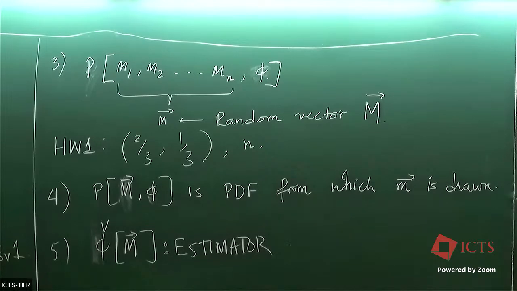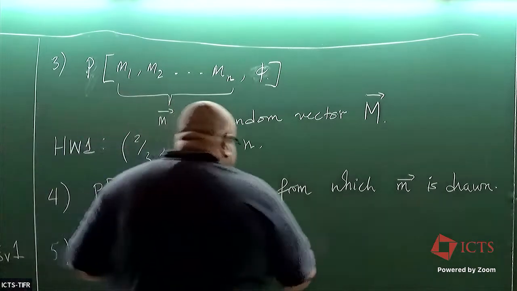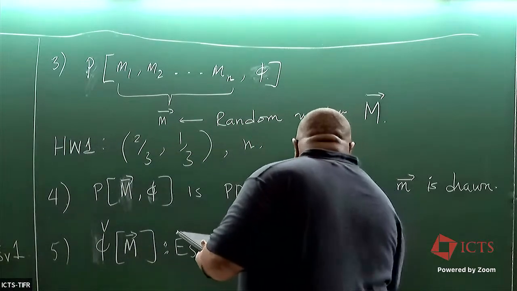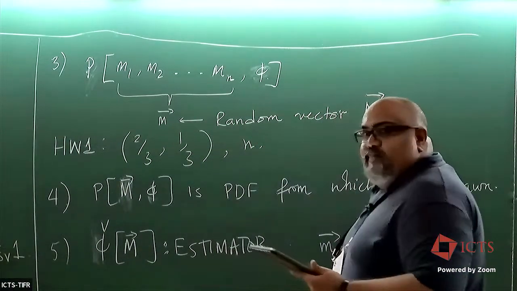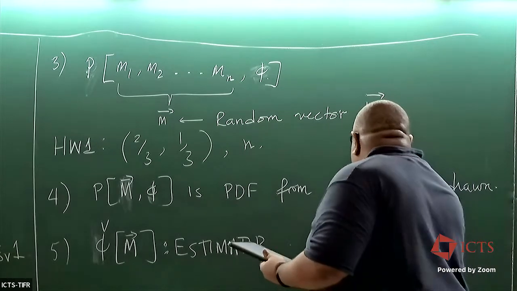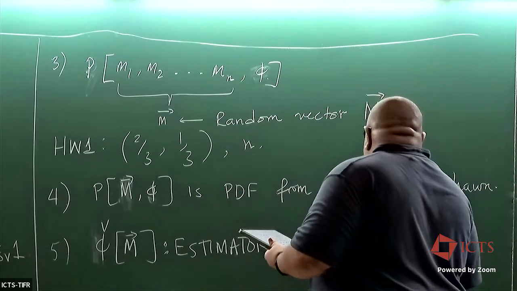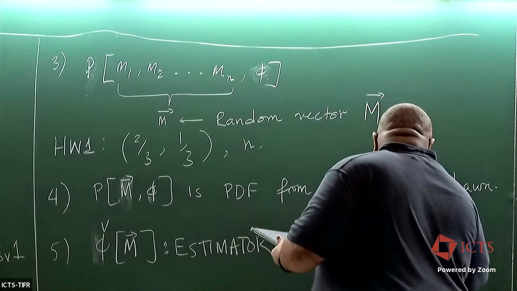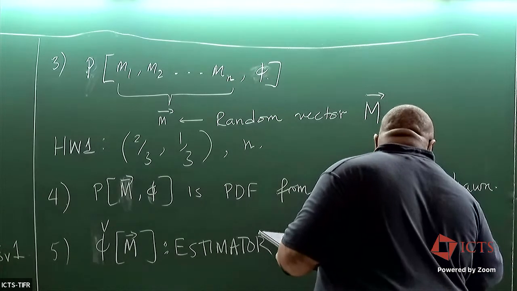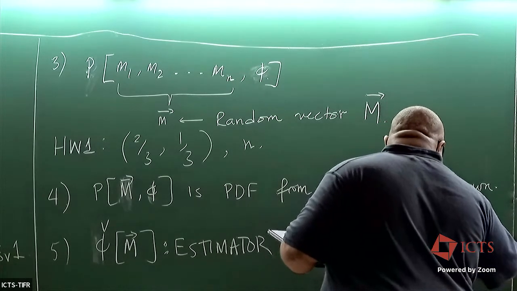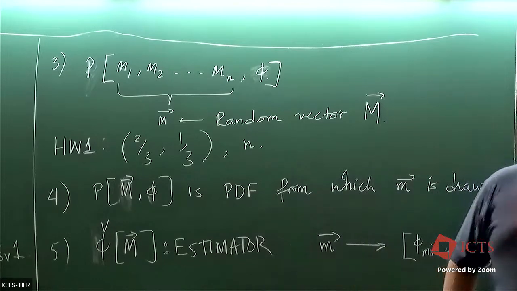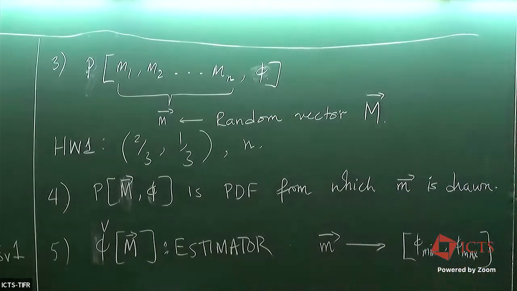So what this estimator is, it takes you from one finite set of measurements. It's a map between the finite set of measurements to basically this phi min, phi max. So it's a way for you to rationally invert the problem that you've been given.